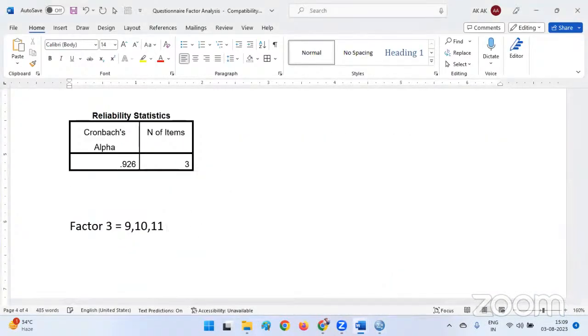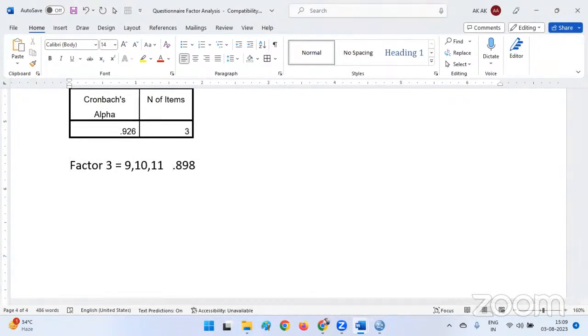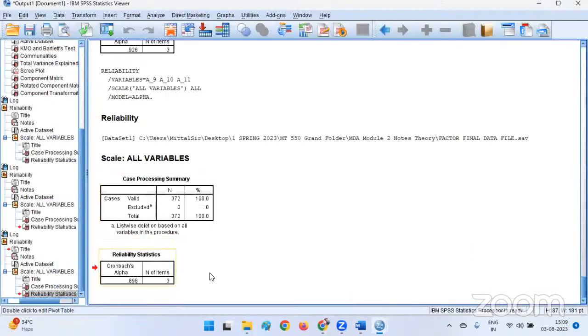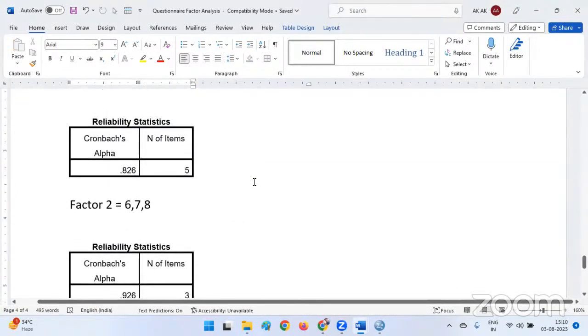So it is 0.898. This is the reliability. If you want to paste it in a file, you can paste the table. All right. Now you see that we have got the reliability, which is good.